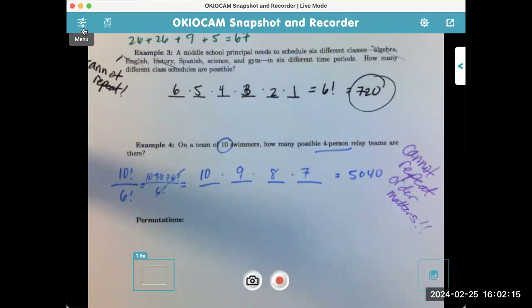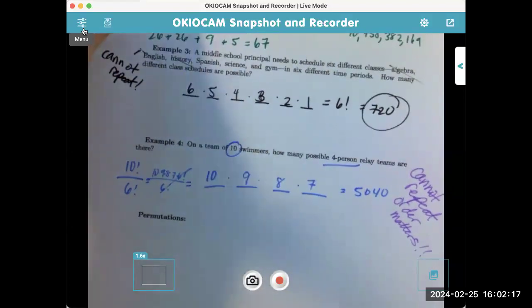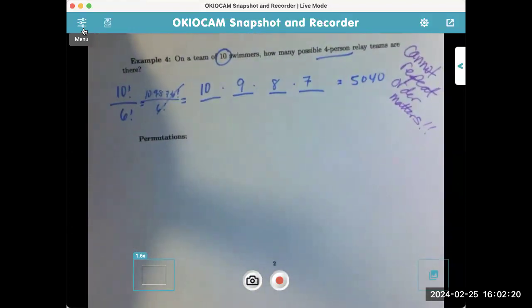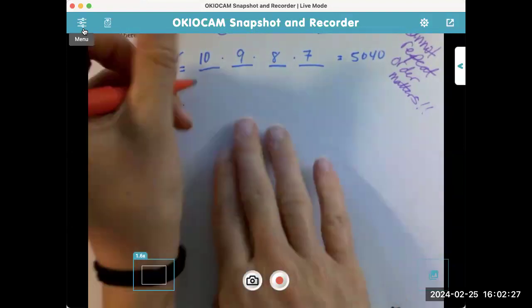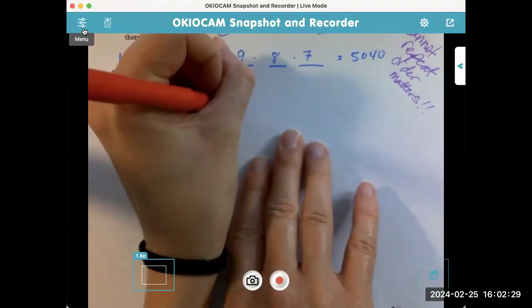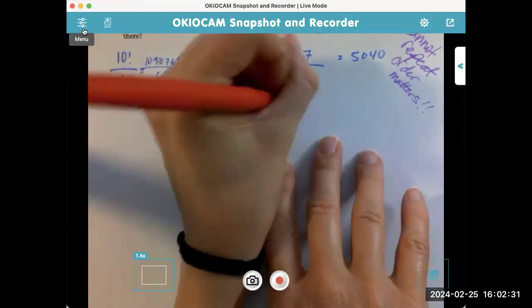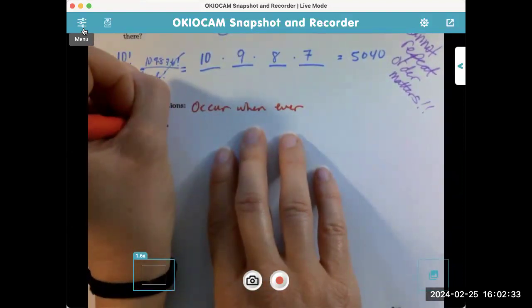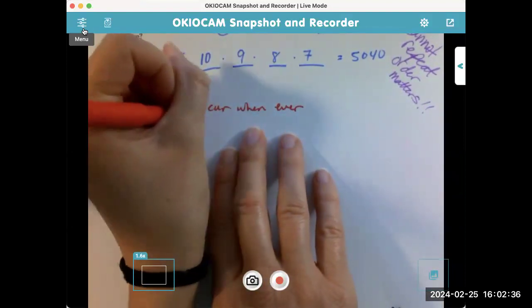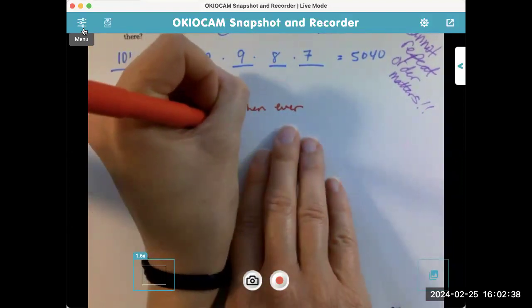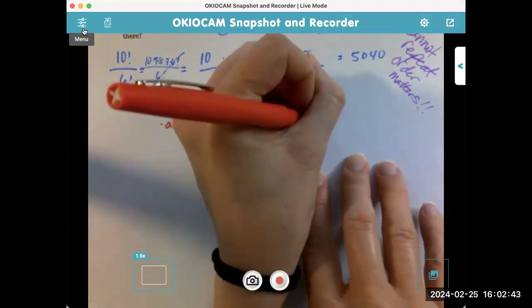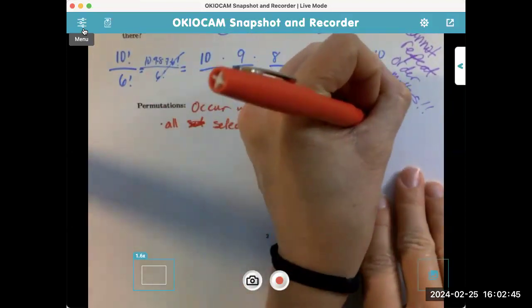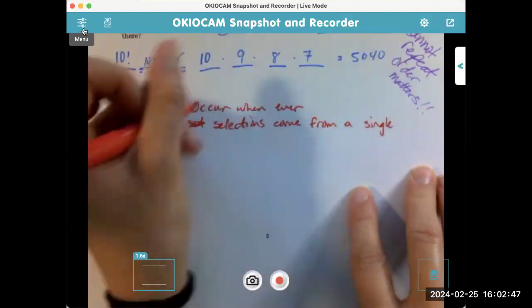So we're going to generalize this and put it into a definition. Permutations occur whenever all selections come from a single group of items.